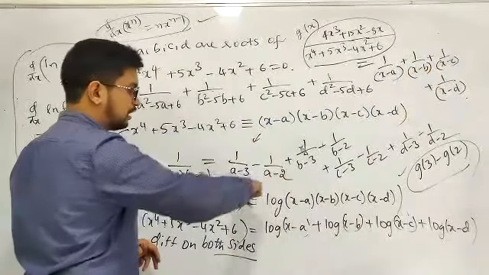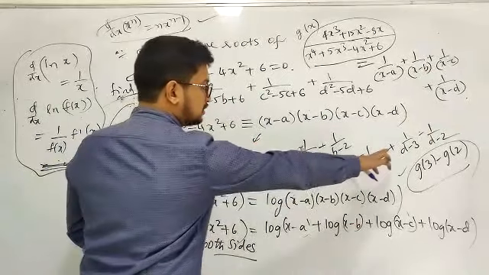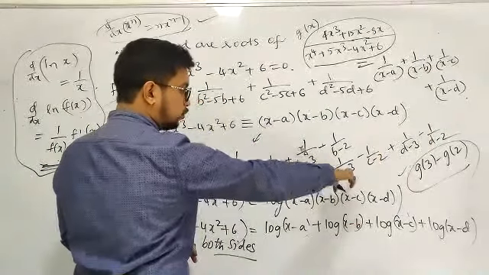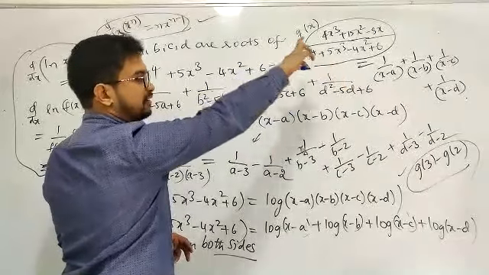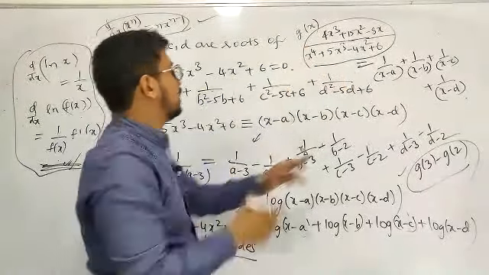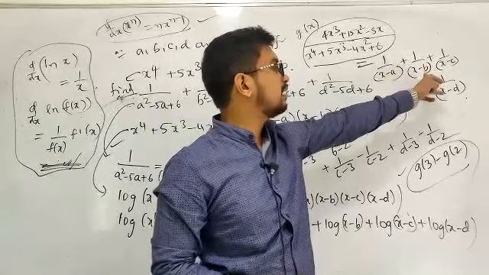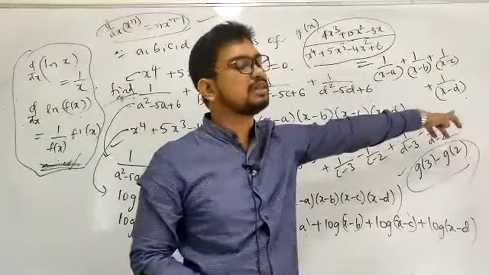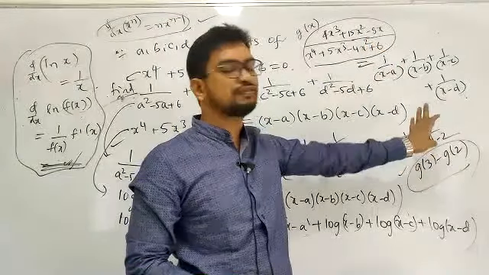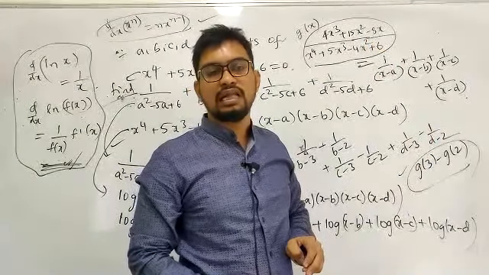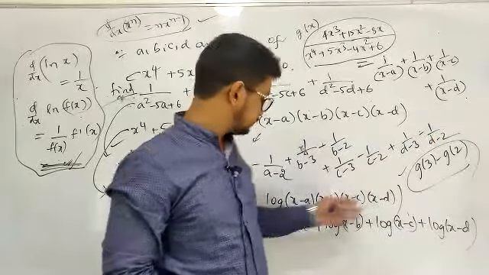So your final answer becomes g of 3 minus g of 2.